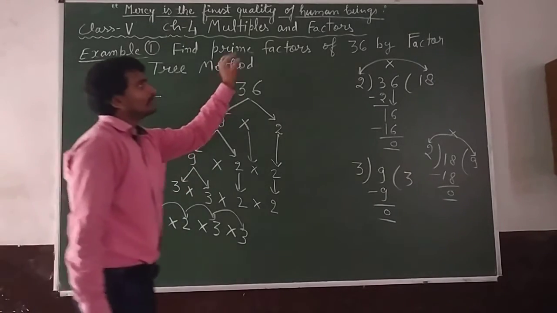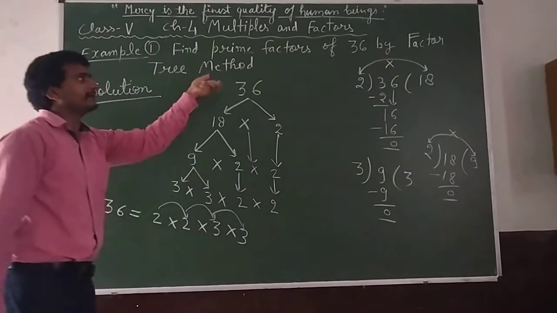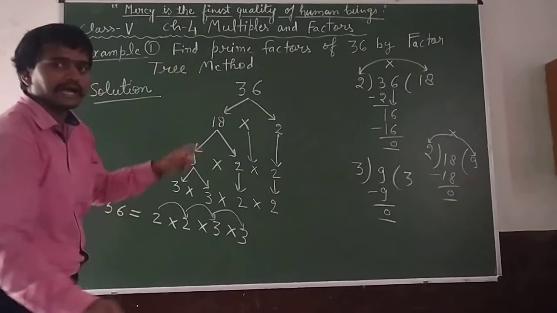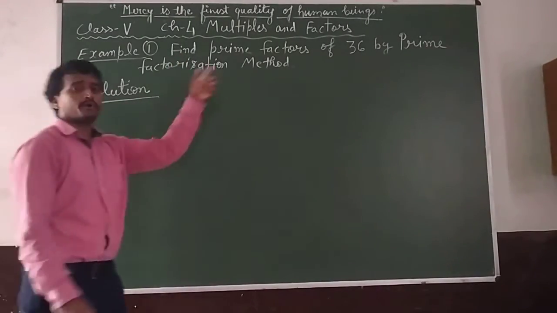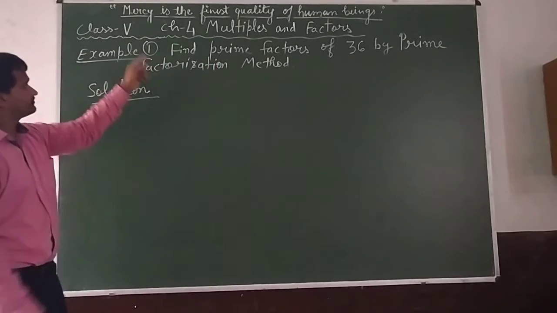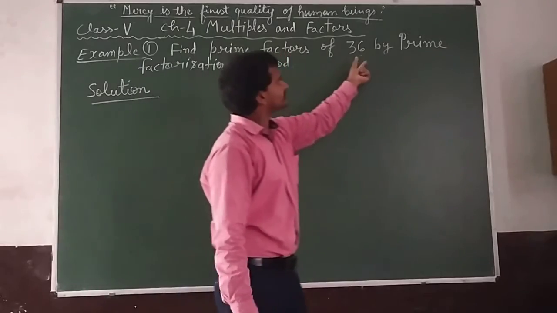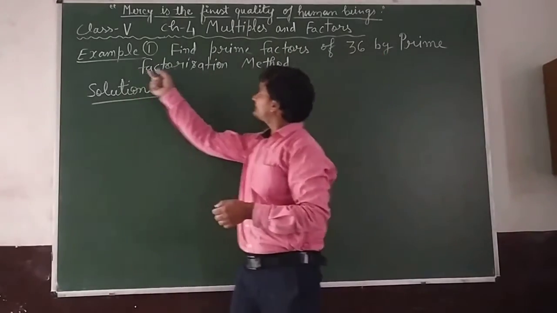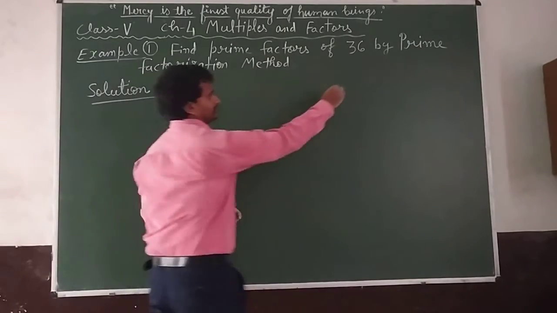Let us find the factors of the same number by the second method, which is the prime factorization method. Now, the same example: find prime factors of 36 by prime factorization method. Now, how can we find them?